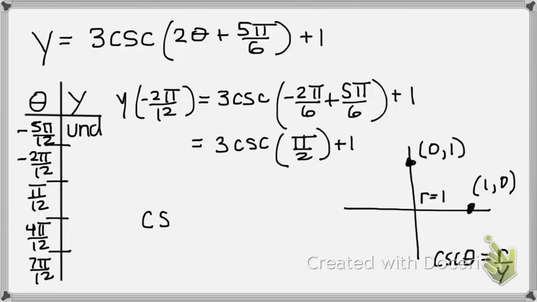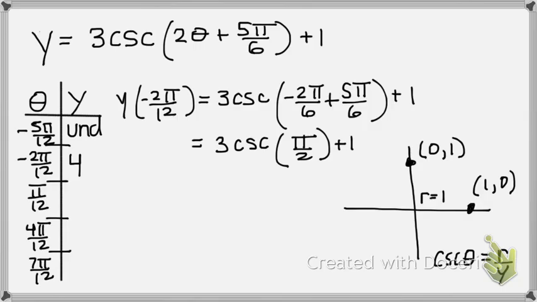Cosecant of theta is r over y, so r is 1 on a unit circle, always 1, and then y is 1. So that's 1 over 1, which is 1. Okay, so cosecant of pi over 2 is 1, and then we can just evaluate that. That's 3 times 1 plus 1 is 4. So we got our second point there.